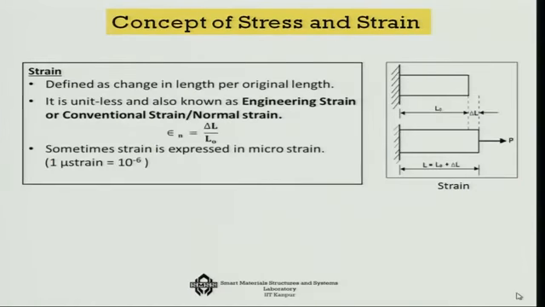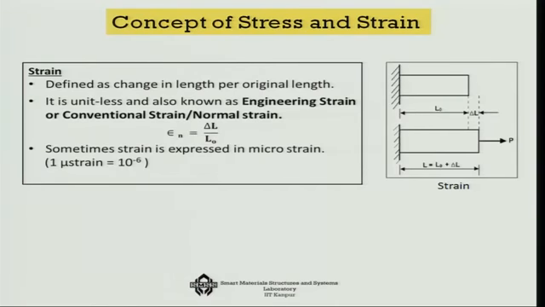The strain is defined in terms of the change in length per original length of the material. Here, if we think that the area of cross section is not changing, or the change is small in a certain range, then the strain is the engineering strain, or conventional strain, or normal strain, which is the change in length over the original length of the material.